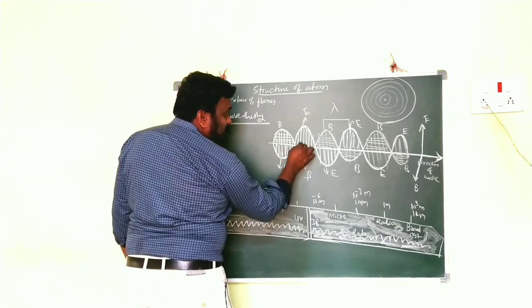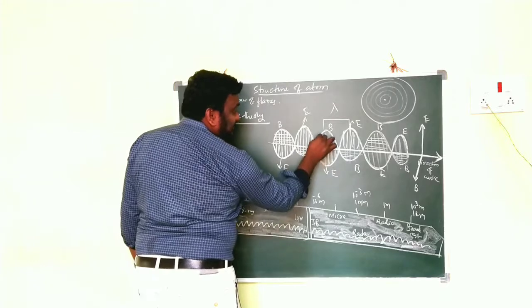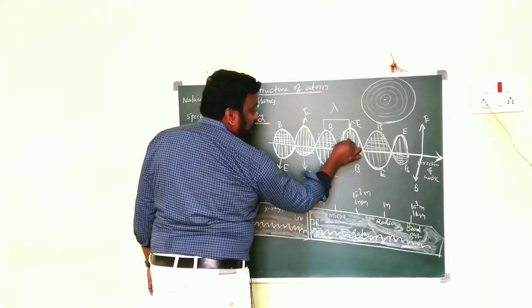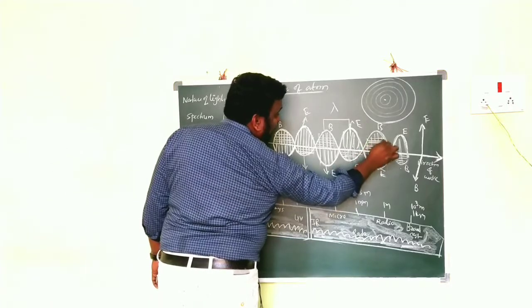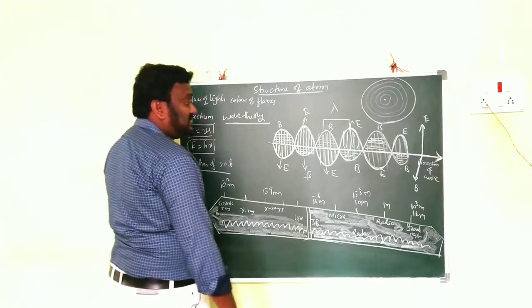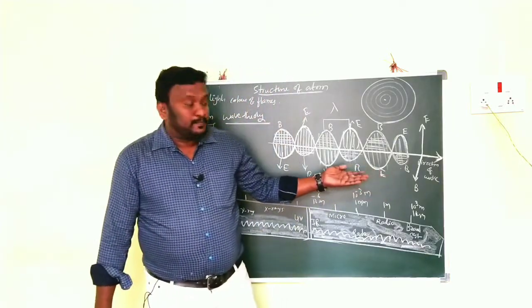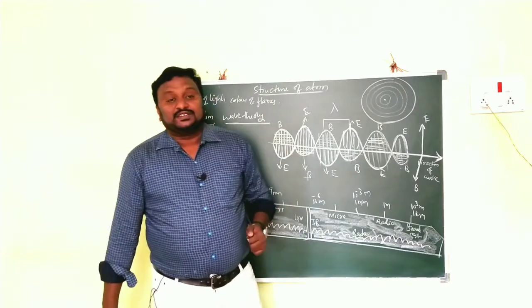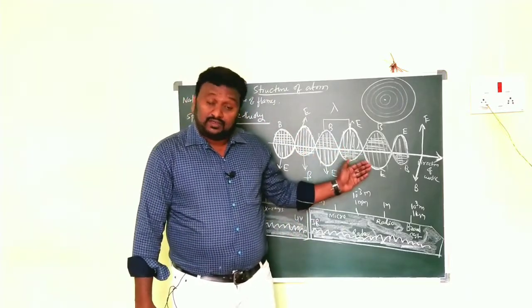In your textbook you have to check, it is shown like this, children. In this way, children, electric field vectors and magnetic field vectors are both superimposed together when we get an electromagnetic wave. So this is simply about the electromagnetic wave.